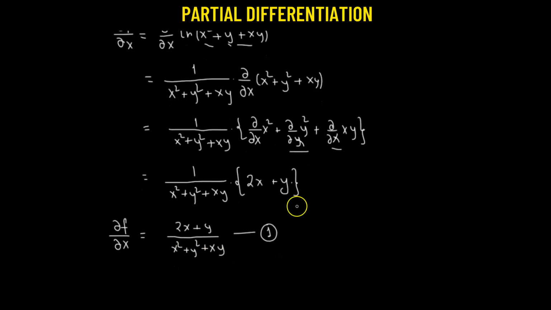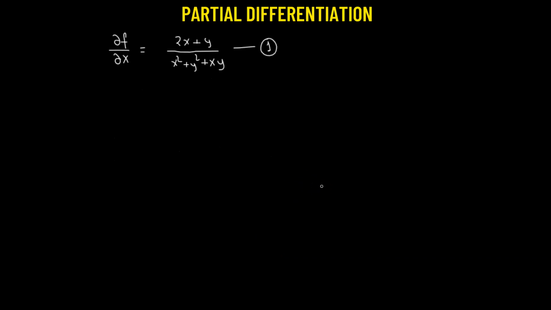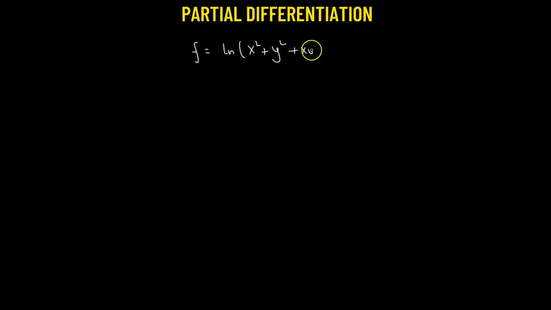Now our next task is to obtain the value of the partial of f with respect to y. We begin with our function f, which equals log of x squared plus y squared plus xy. Let's take the partial derivative on both sides with respect to y.